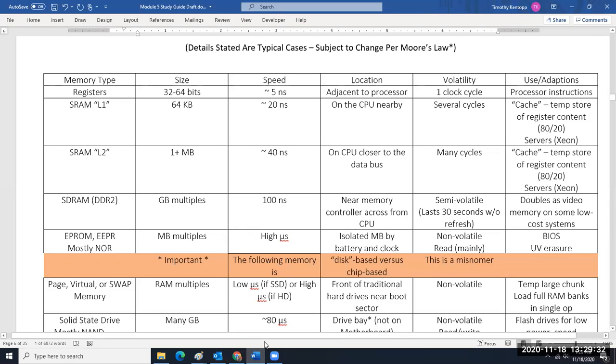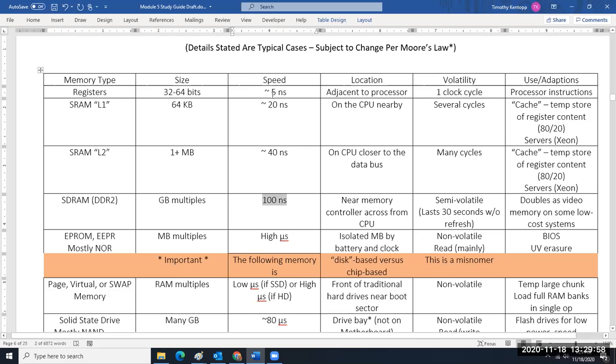20% of your resources on a computer system are used 80% of the time. So if you can get those 20% of the resources closer to the CPU, you can increase the performance dramatically because it doesn't have to go as far. But the further away from the CPU you go, the more latency, the longer the distance and the slower the access time.